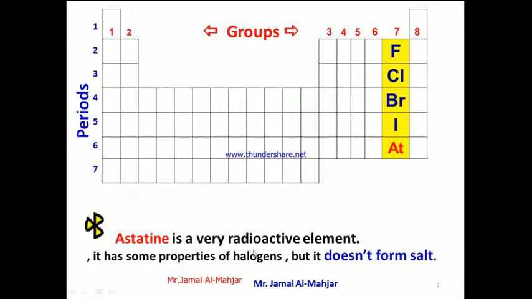It has some properties of halogens, but it doesn't form salt. That's why we ignore it from our studying. Now we will focus on the 4 elements: fluorine, chlorine, bromine, and iodine.